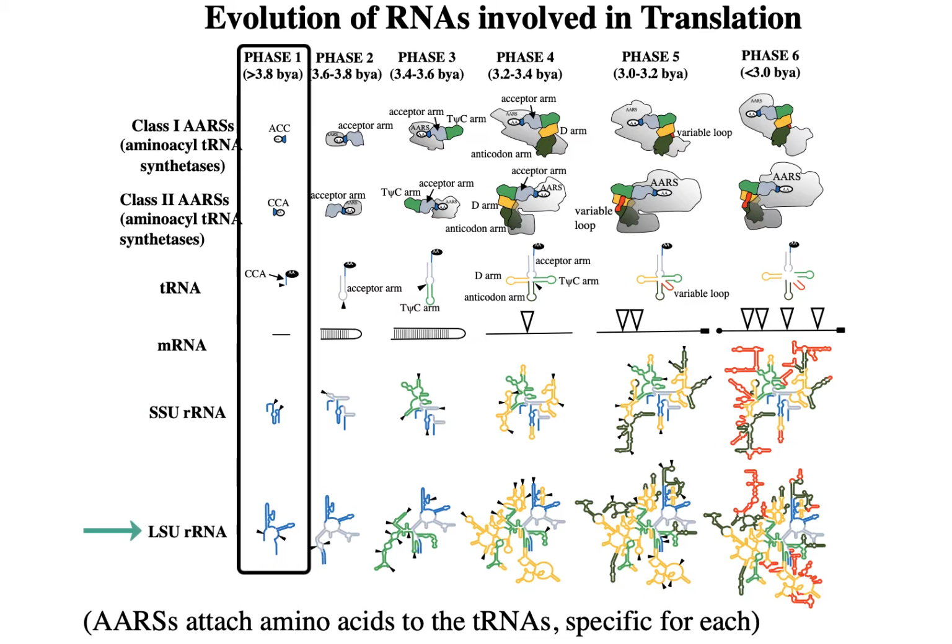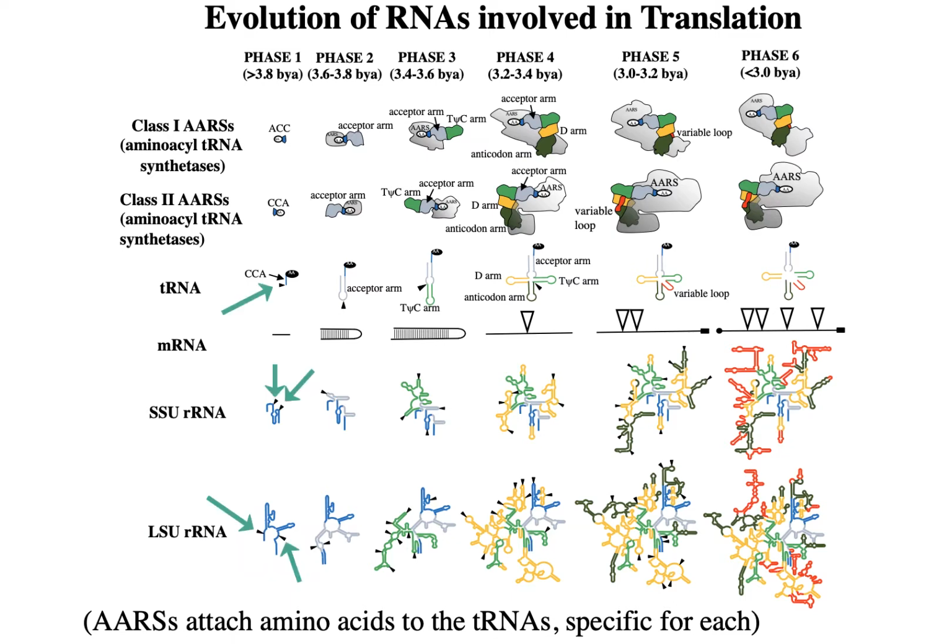And the large subunit consisted of the beginnings of the peptidyltransferase function, that is the enzymatic portion of the ribosome that adds the amino acids together to the growing polypeptide chain. The small triangles or darts in these indicate points where pieces of RNA seem to have come together, possibly by being joined by introns or other enzymatic RNAs.